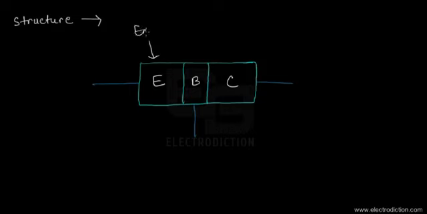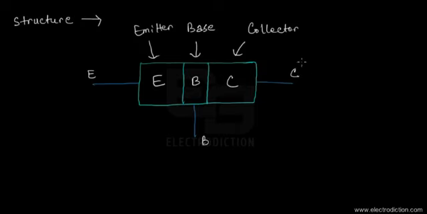So this is the emitter, this one is the base, and finally the third one is the collector. Apart from these three sections, we have three leads sticking out of the device. This is the emitter lead, symbolized with E, this is the base lead, with B, and finally the collector lead, that's C.